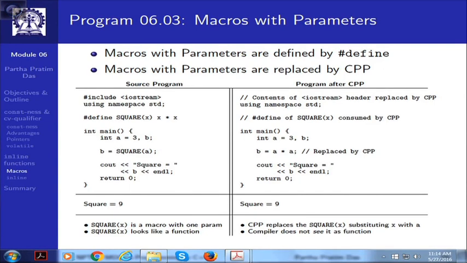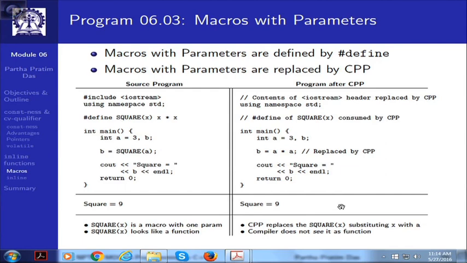It could pretty well be a function. But when it comes to the compiler, again like in the case of manifest constants, where the compiler was not able to see that it is a variable, it was just seeing the constant value or the constant expression that you have written. Here again the compiler will not be able to see any kind of function notation, it will simply see the expression that the CPP has replaced.